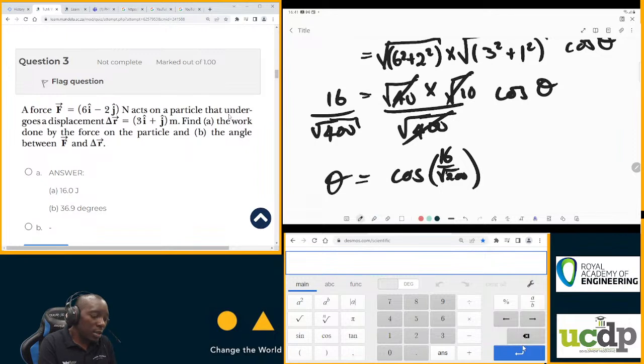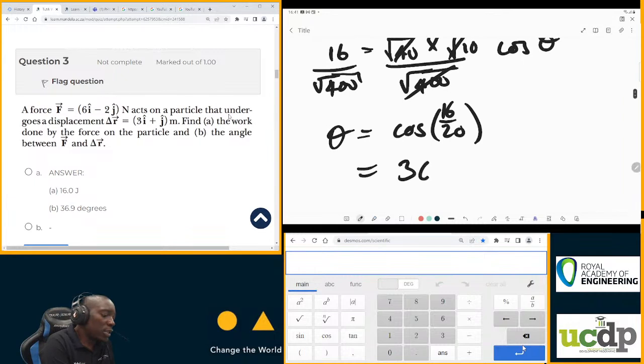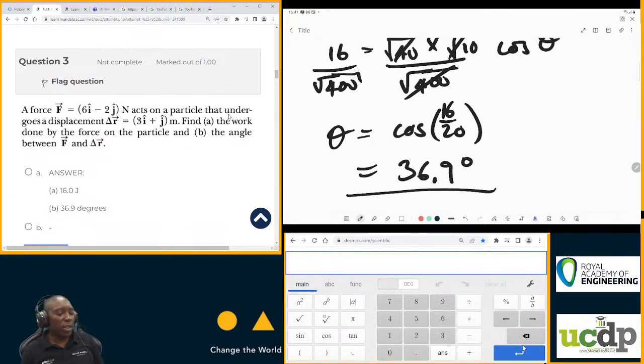Let's see, arc cos 16 over the root of 400 is 20. Too much excitement. Arc cos 36.9. There we are. Yes, this is where we get 36.9. So that's 36.9 degrees. Arc cos 16 over 20.